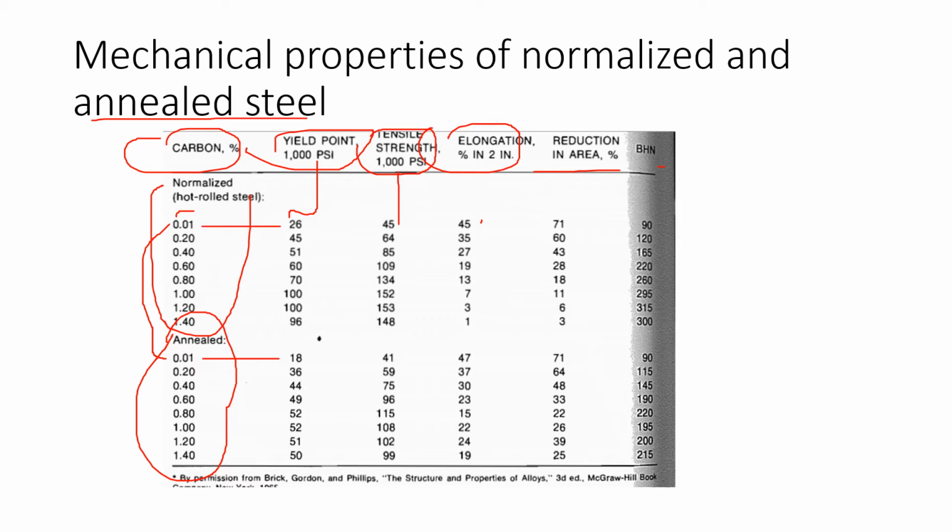For the same composition, the tensile strength is 41 multiplied by 1000 psi, while this has been improved for the normalized. A relatively improved and hardened structure is achieved in normalized heat treatment.